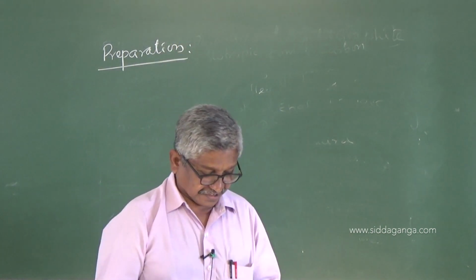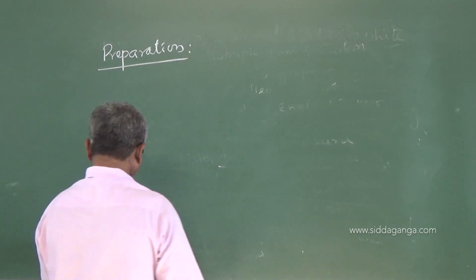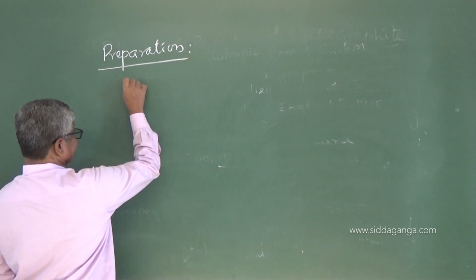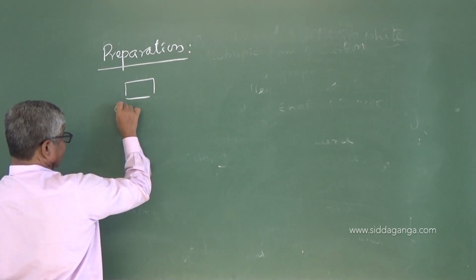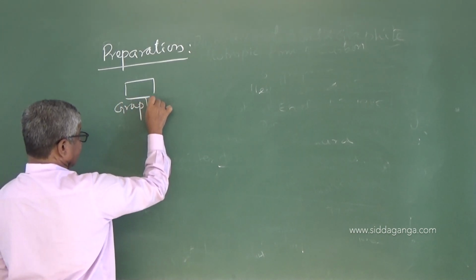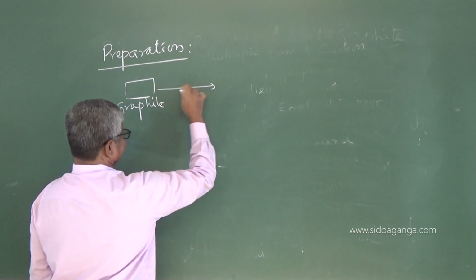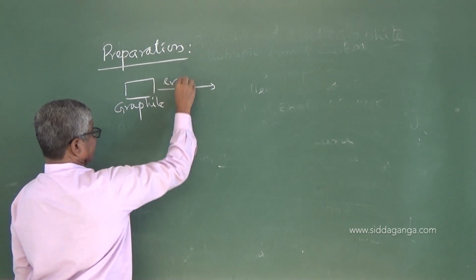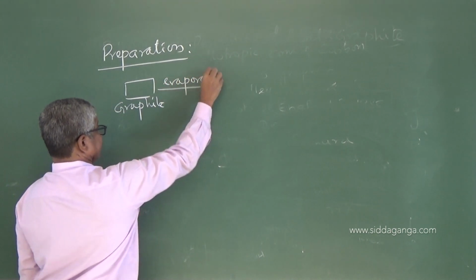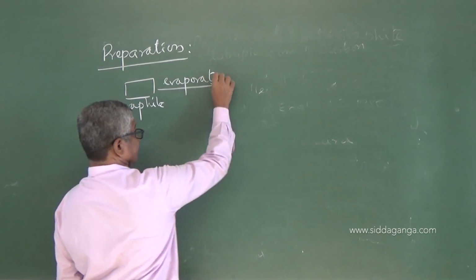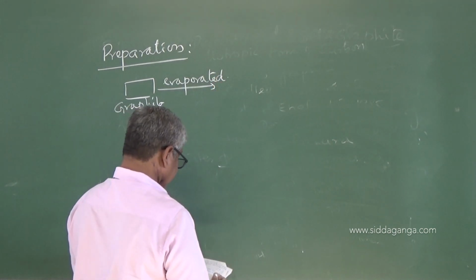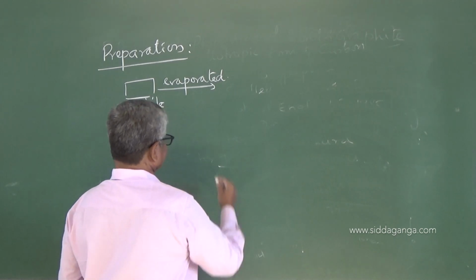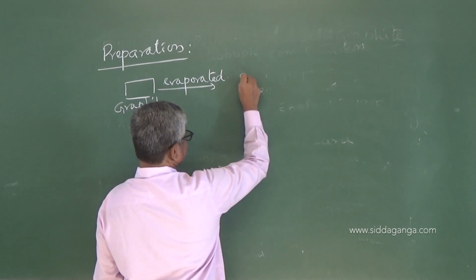If graphite is evaporated, it forms soot.